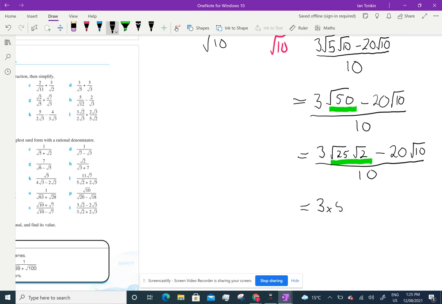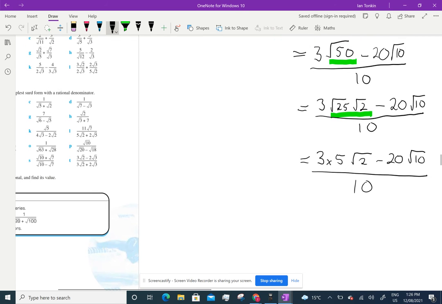By the way, you don't have to write all these steps. If you know that you can just multiply those 5 and get 15 straight away, go for it. I'm writing this out so that people are able to follow. Okay, and 3 times 5 is 15 root 2 minus 20 root 10 over 10.